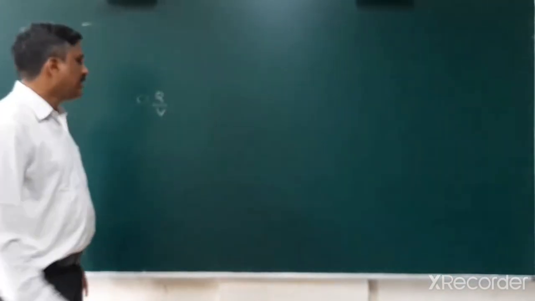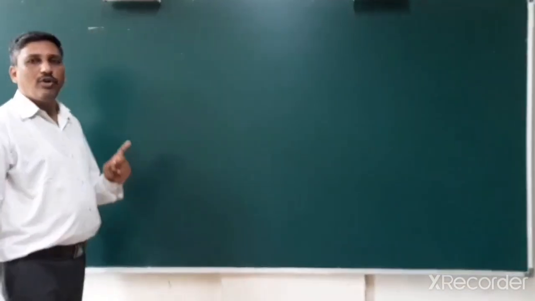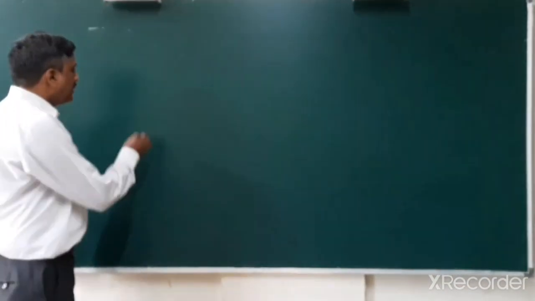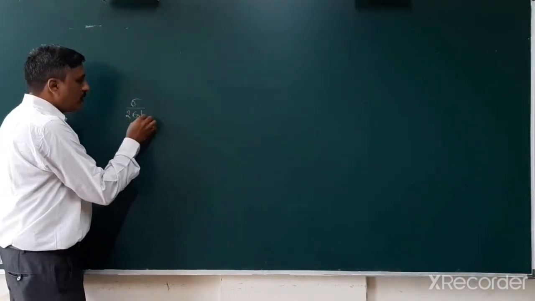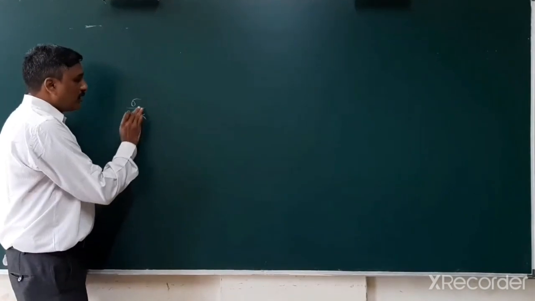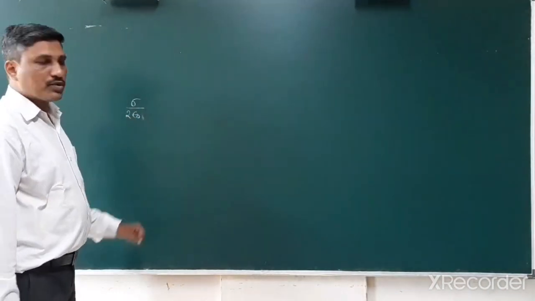In the previous lecture, in applications of Gauss theorem, we studied one more point: the electric intensity due to an infinitely long straight conductor is given by sigma upon 2 epsilon 0 K, or if the medium is air, then the formula becomes sigma upon 2 epsilon 0.